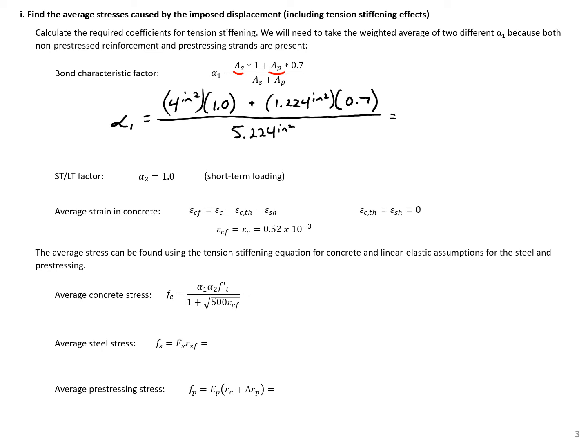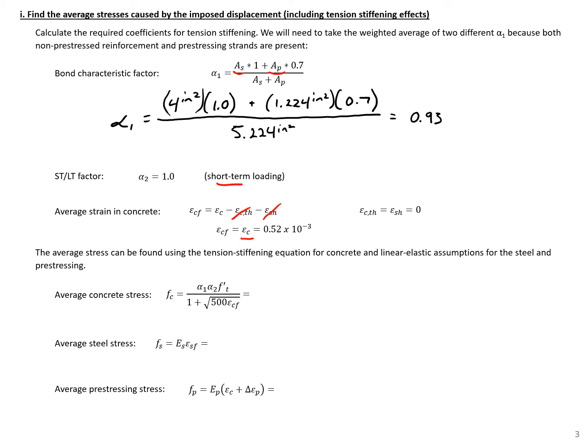So we'll get this alpha 1 factor to be 0.93. Our alpha 2, we're looking at short-term loading, so our alpha 2 is going to be equal to 1.0. And our average strain in the concrete is going to be equal to the strain in the column, because we're going to assume that we have no thermal and no shrinkage strains in our concrete.